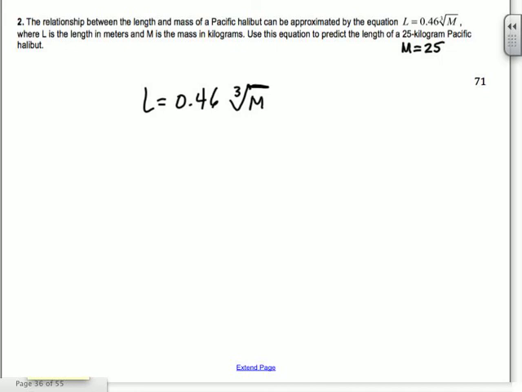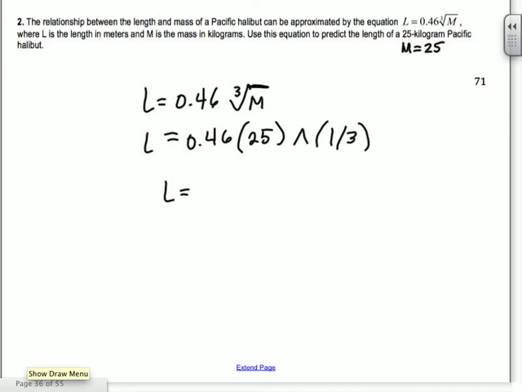Okay, so I put 0.46, and remember on your calculator, if you're trying to do the cube root, the easiest way to do it is do 25 raised to the 1/3. Make sure you put your 1/3 in parentheses. Okay, what's your answer? What was it? 1.345, and what's your length in? Meters, right?